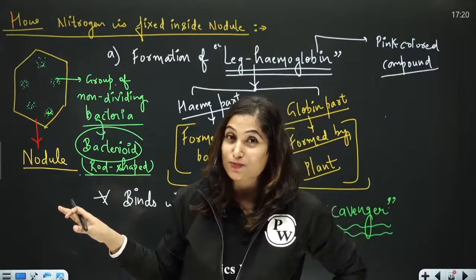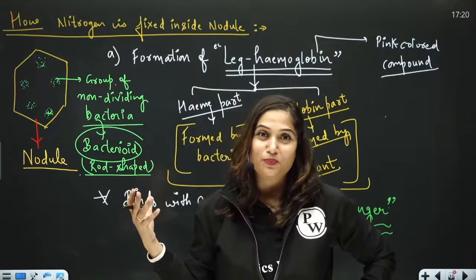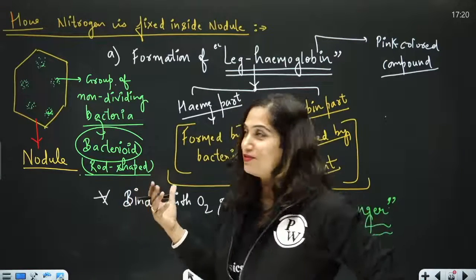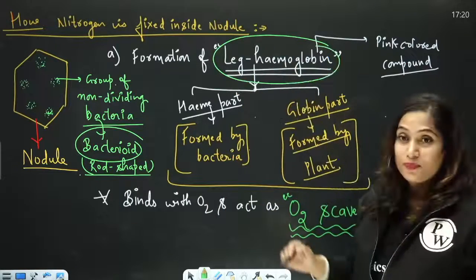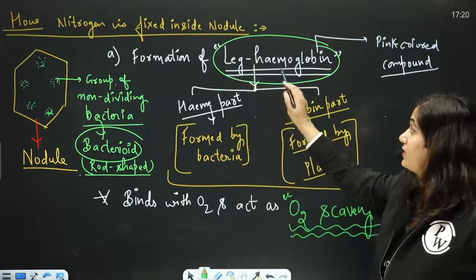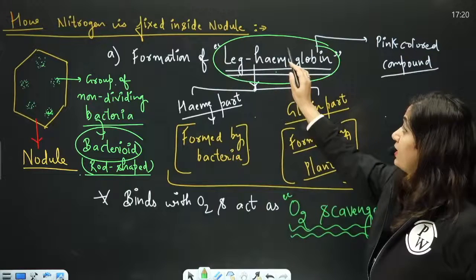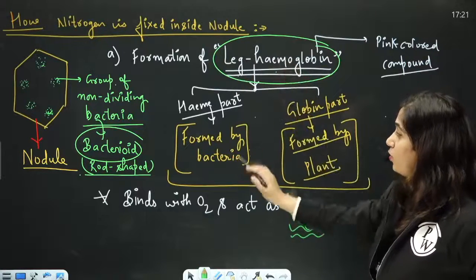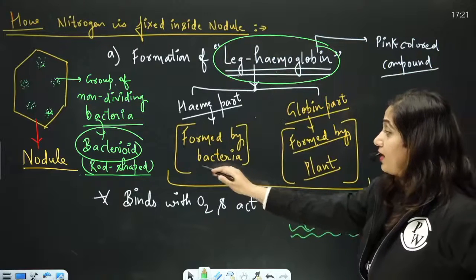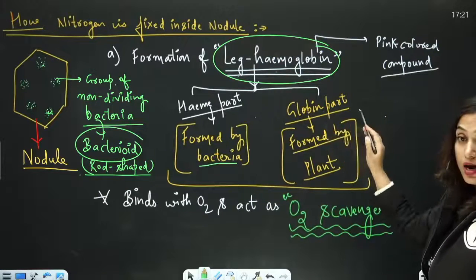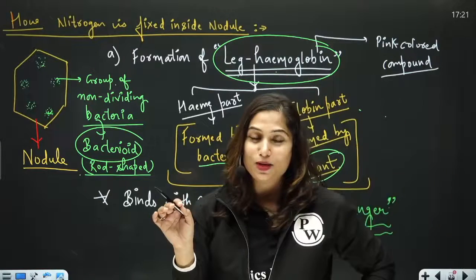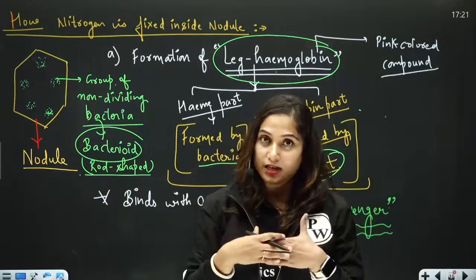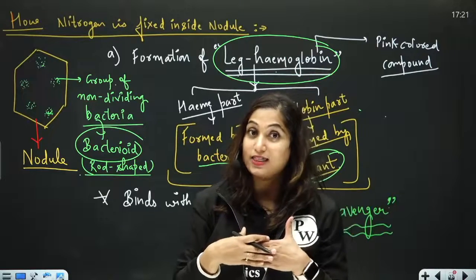So a special compound is prepared here, and the name of that is leg hemoglobin. Leg stands for leguminous hemoglobin. The heme part in the hemoglobin is formed by bacteria, and the globin part is formed by the plant. That means the leg hemoglobin is formed by the participation of both bacteria and the plant.